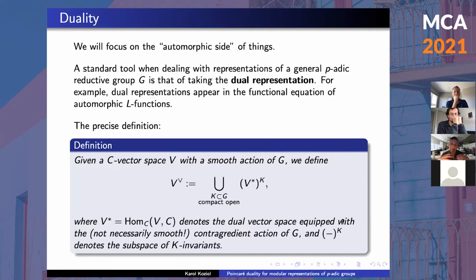And this upper K just denotes the subspace of K-invariant vectors, where K is my compact open subgroup. Essentially this procedure of taking K-invariants and taking the union is a process of smoothification. So this V check is going to give me a smooth representation of G once again. Yeah. So this is the definition of dual that is usually useful.